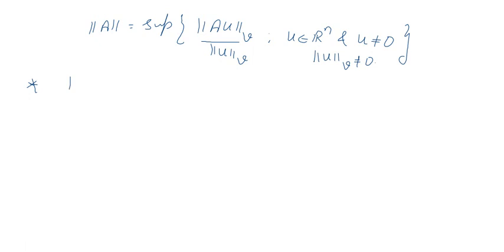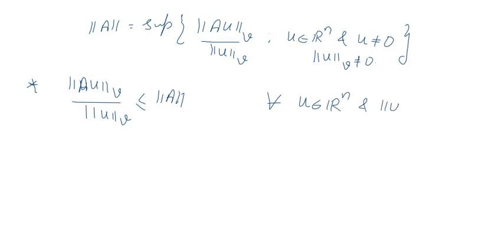This implies norm of Au divided by norm of u is less than or equal to norm A for all u belonging to Rn with norm of u non-zero. Now you take norm of u to the other side because it's a non-zero number. This settles the first inequality: norm of Au is less than or equal to norm A times norm of u.